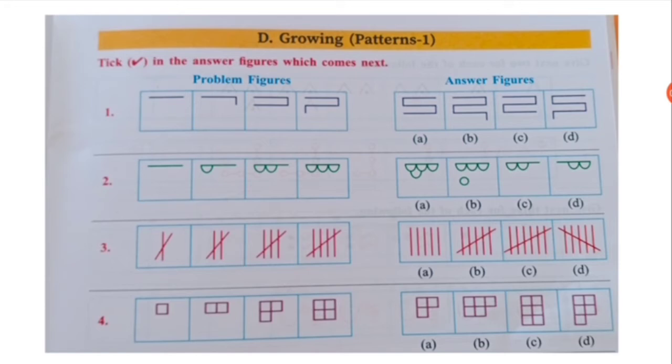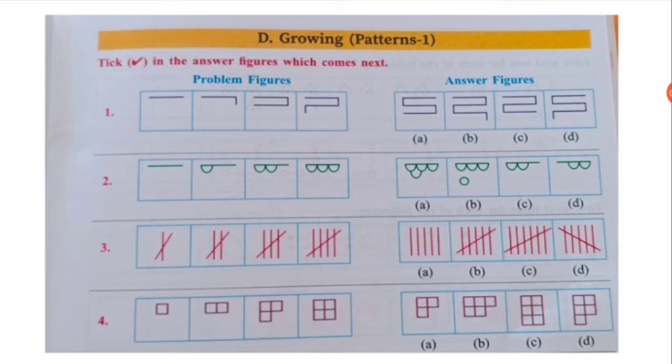See the third one: sleeping line and slanting line, 2 standing lines and 1 slanting line, then 3 standing lines and 1 slanting line, then the fourth, so here we come to know 1, 2, 3, 4. One by one the standing line is growing and the slanting line is the same. So here we have to find out, suppose, 5 standing lines and 1 slanting line should be there.